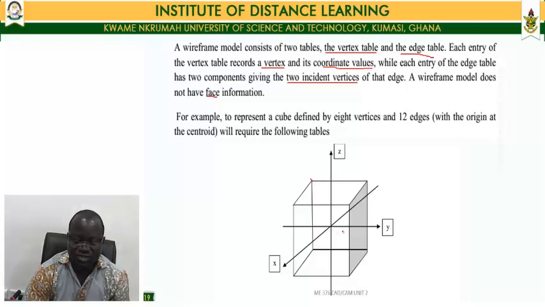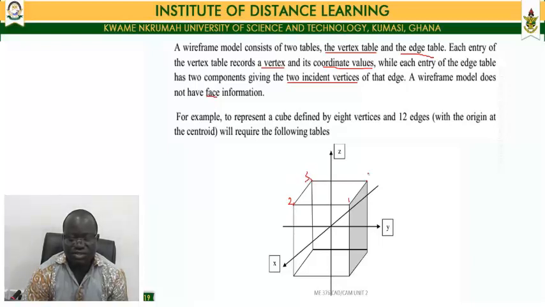These 8 vertices, we can number them as number 1 here, and we can move to 2, 3, 4, and we can move on to 5, 6, 7, and then 8.